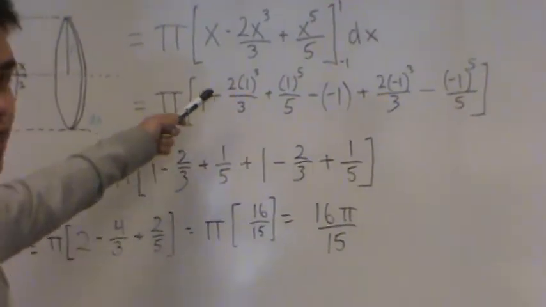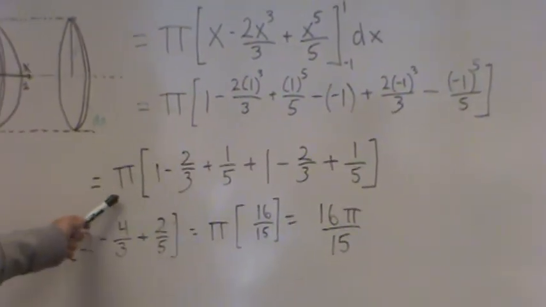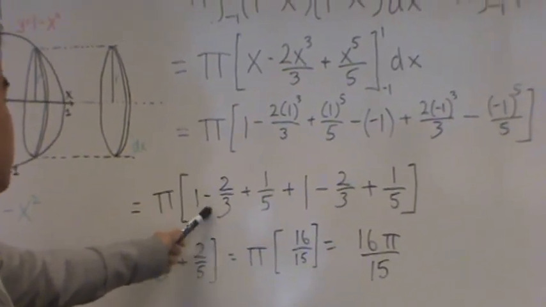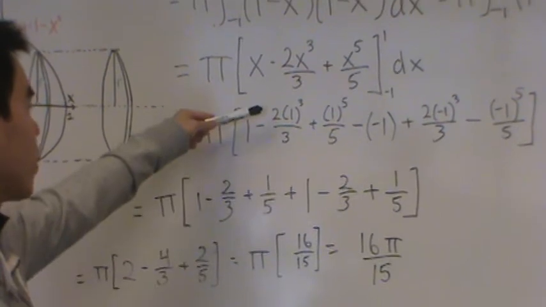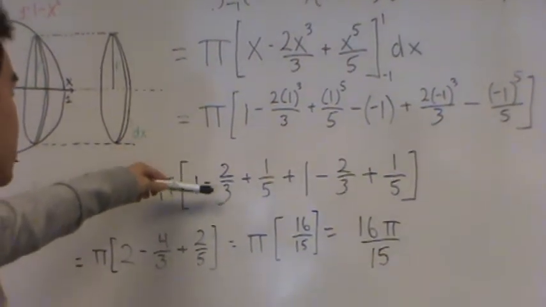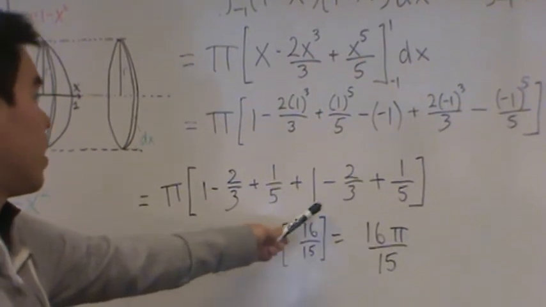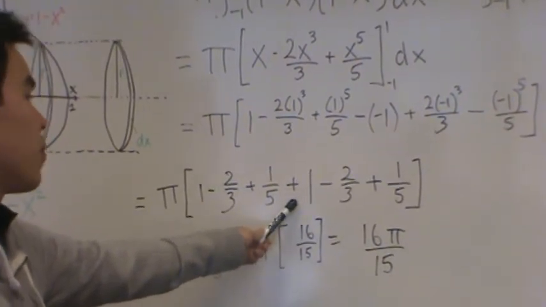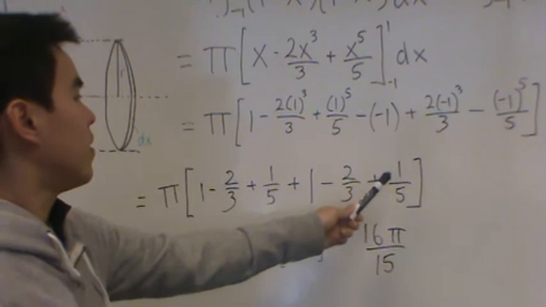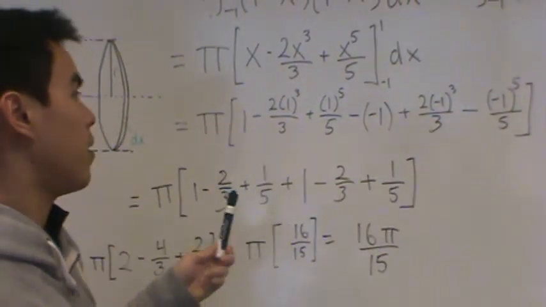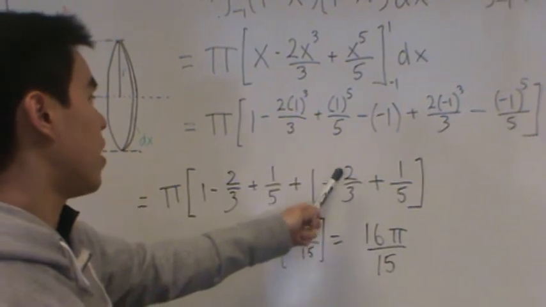So we simplify all that, and we get pi times 1 minus 2/3, because 1 to the 3rd is just 1. 1 to the 5th becomes just 1/5. Minus -1 becomes plus 1. 2 times -1 to the third, because it's an odd power, just becomes negative.